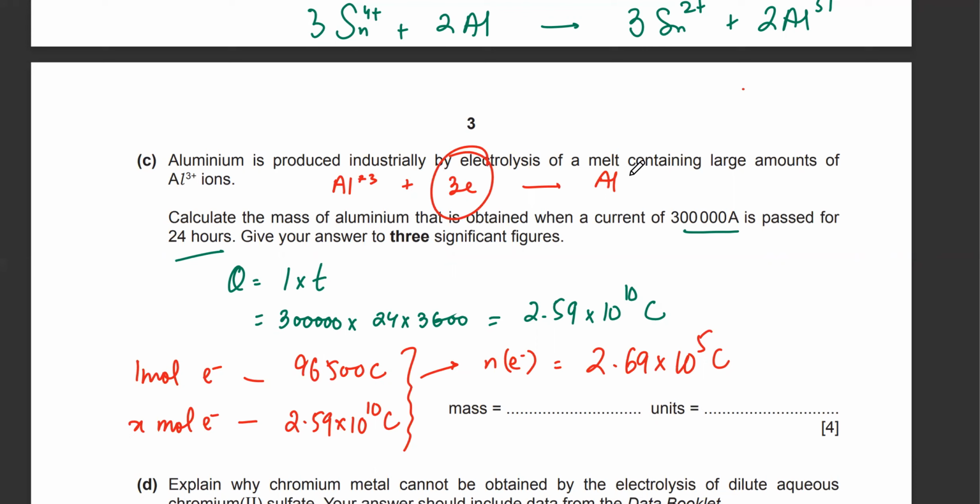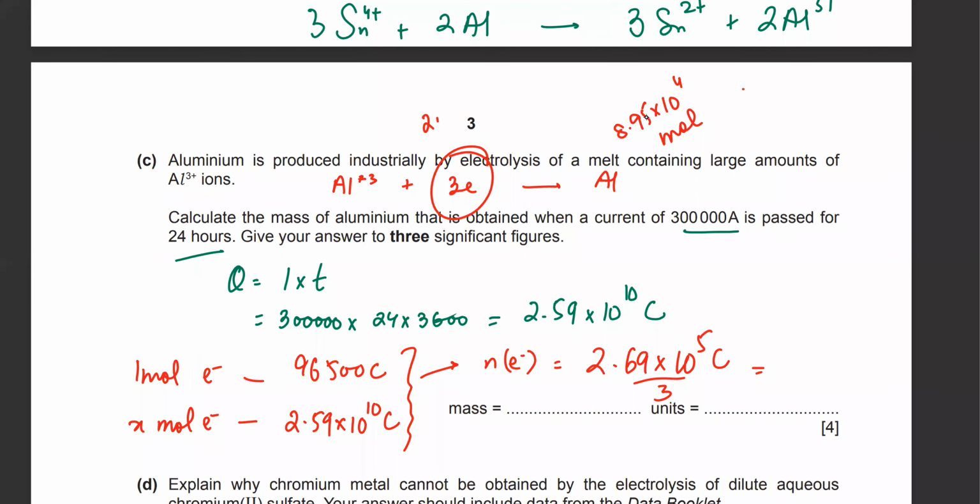Now you can find the moles of aluminium by dividing that by 3, because it's 3:1. You'll find the moles of aluminium. What do you get for that? 8.95 times 10 power 4 moles.